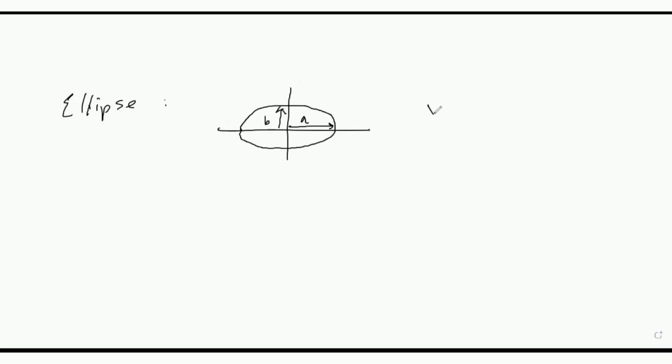Now let's talk about the ellipse. In many ways it is almost identical to a circle, and you can think of it as a squashed circle. Let's draw one out. It is like a circle where this length is a and this length is b, and the equation for the curve is given.